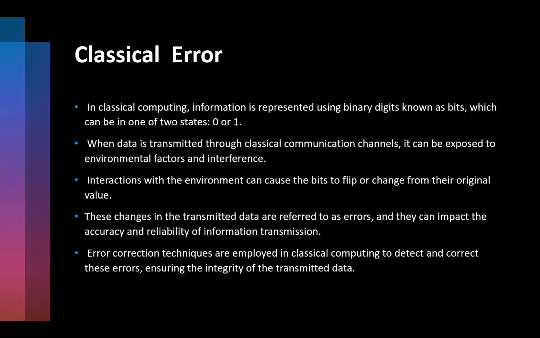So first we discuss what classical errors are. In classical computing, information is represented using binary digits known as bits, which can be in one of two states, 0 and 1. When data is transmitted through a classical communication channel, it can be exposed to environmental factors and interference.